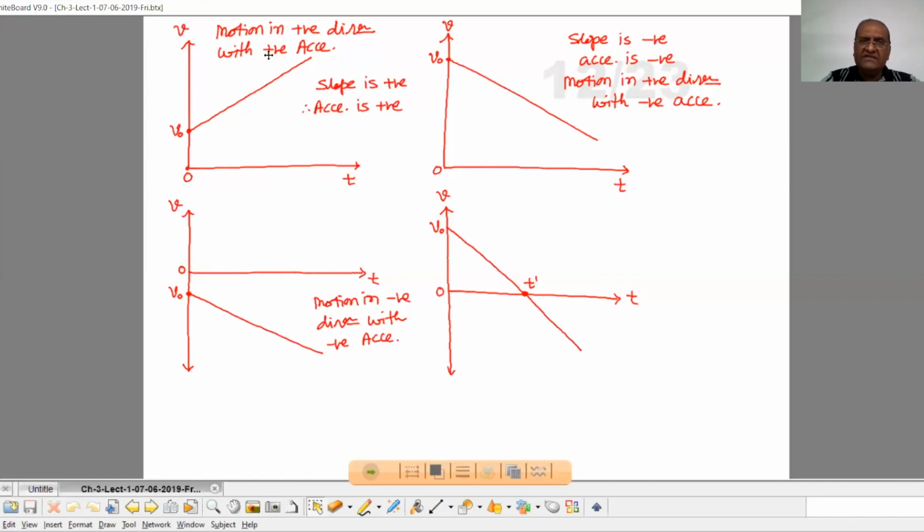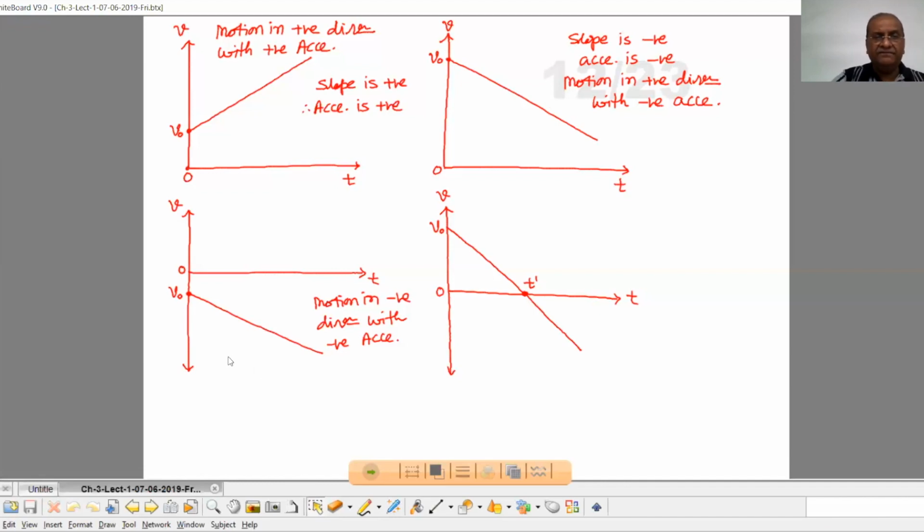Then this second graph, the line is moving downward, so the slope will be negative. Clear? If slope is negative, it means acceleration is negative, meaning velocity is continuously decreasing. But the graph is on the positive side. It implies that motion is in positive direction, but with negative acceleration.